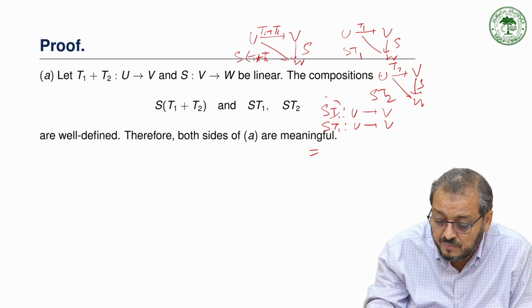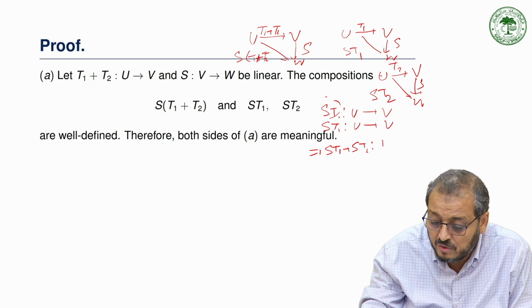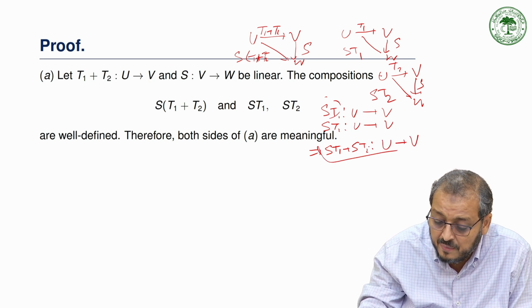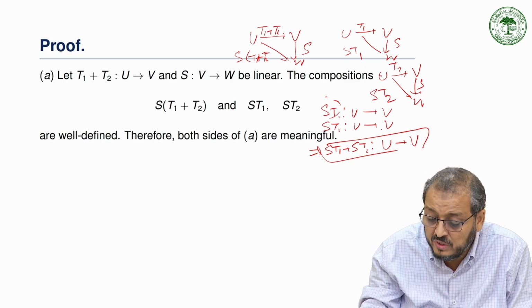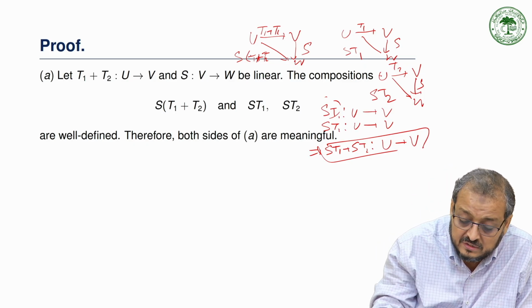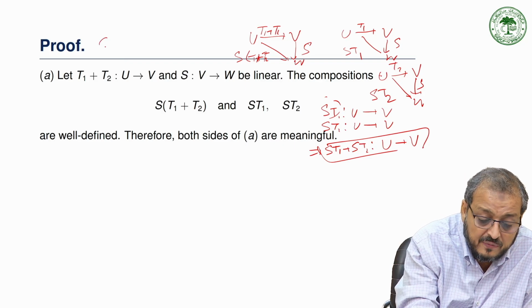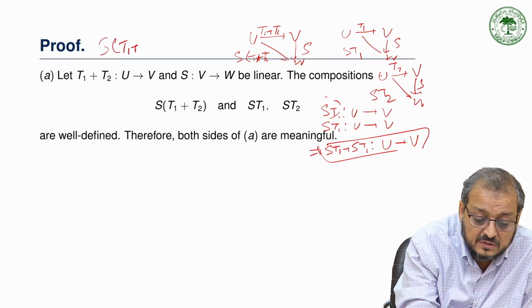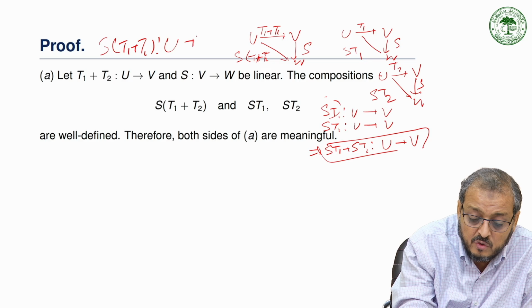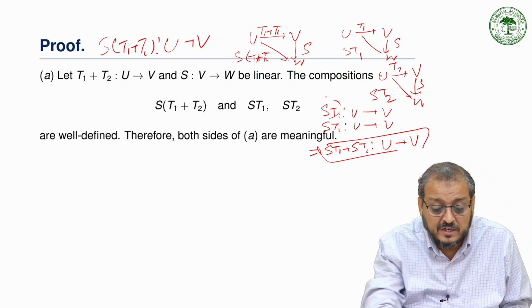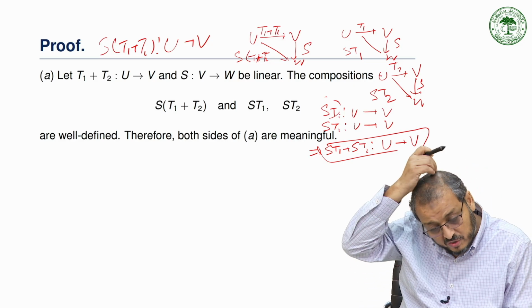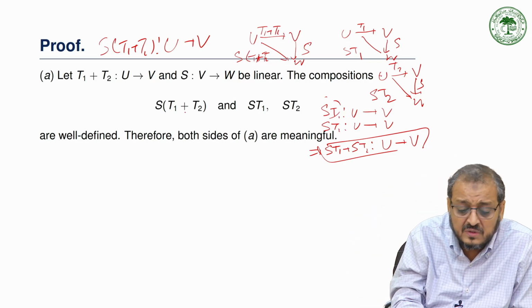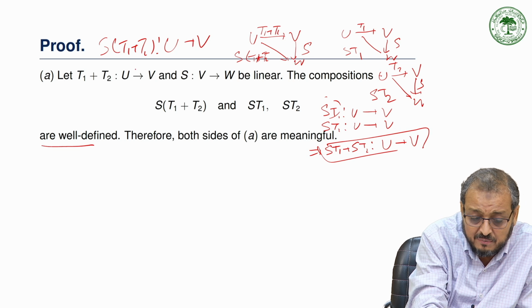So we can say that ST1 plus ST2 is also a linear map from U to W. Then we also have S of T1 plus T2 from U to W. So both sides of A are meaningful, and now we try to prove that they are equal.